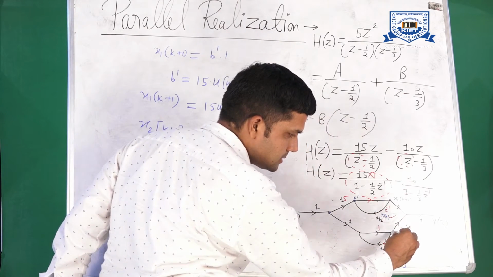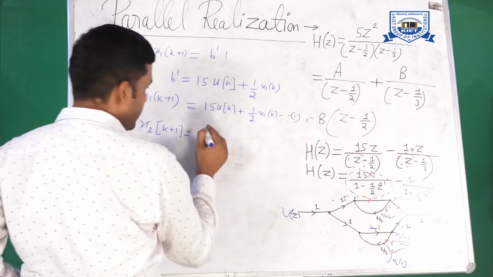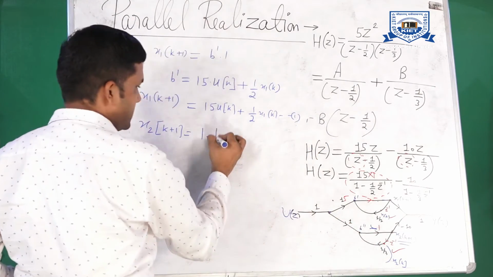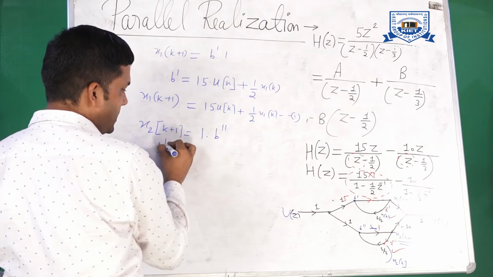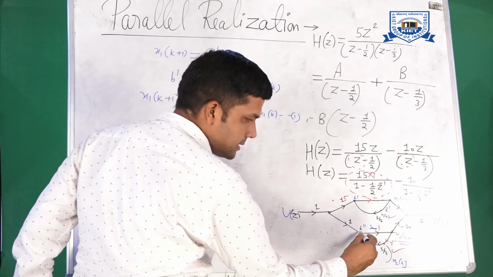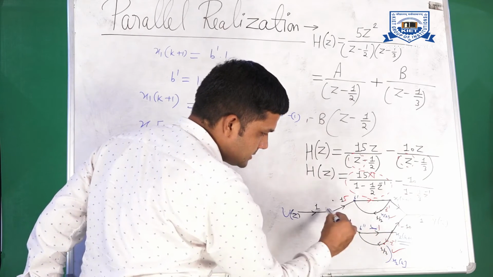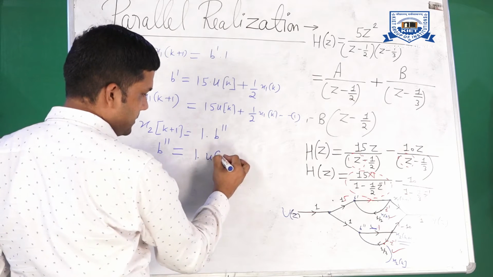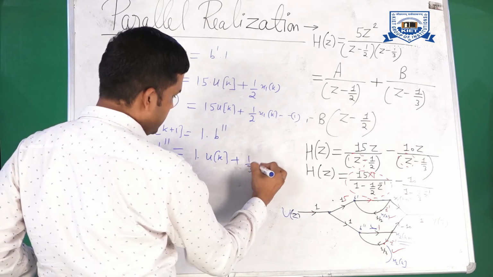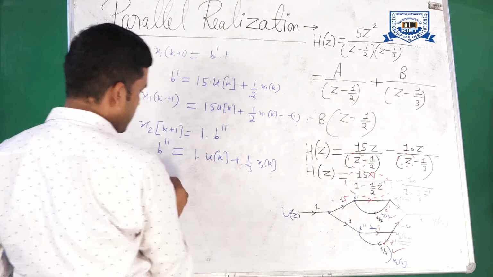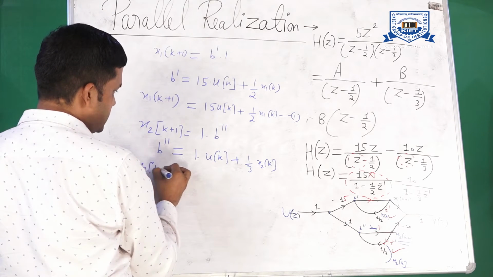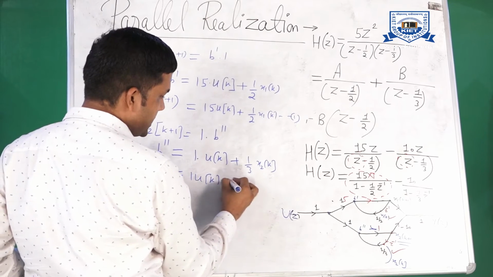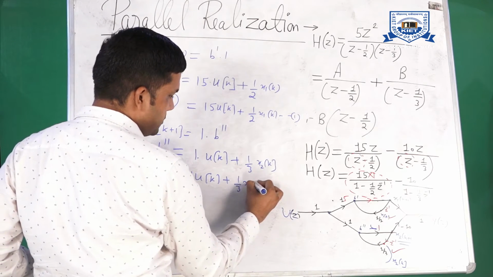Incoming node is only this 1 into, suppose this is b double dash, and what is the value of b double dash? b double dash incoming node is this and this. b double dash is equal to 1 into u(k) plus 1 by 3 x2(k). So x2(k+1) is equal to 1 u(k) plus 1 by 3 x2(k).